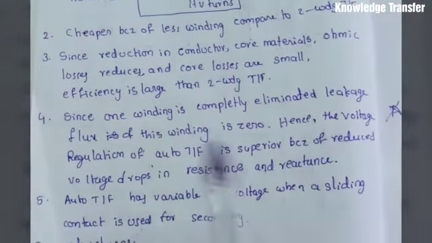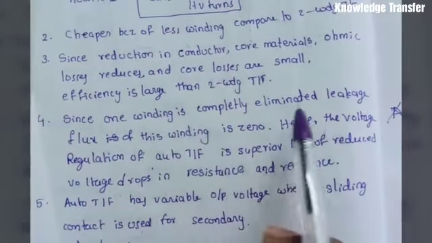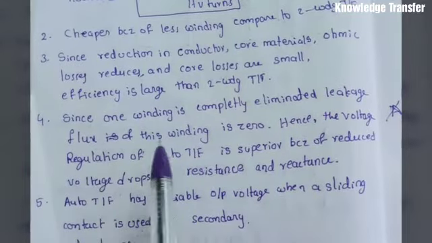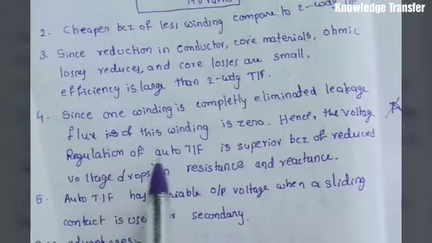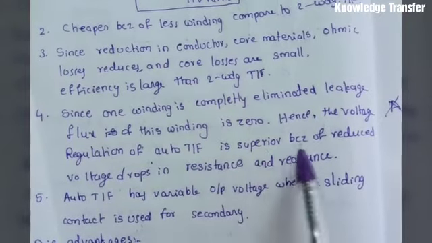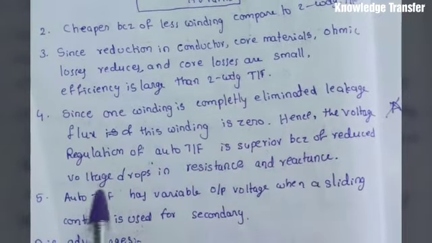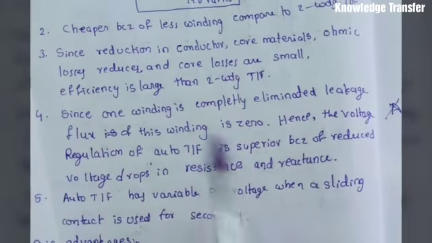Next, fourth point, since one winding is completely eliminated, leakage flux of this winding is 0. Hence, voltage regulation of auto transformer is superior because of reduced voltage drops in the resistance and reactances.